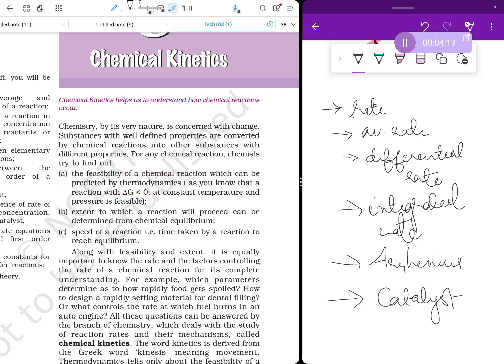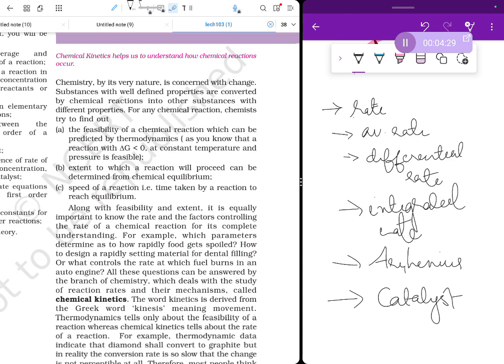As you know, a reaction with delta G less than 0 at constant temperature and pressure is feasible. That means they check whether it is possible or not, and for it to be possible, delta G has to be less than 0, spontaneous.